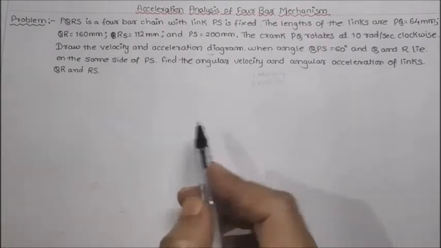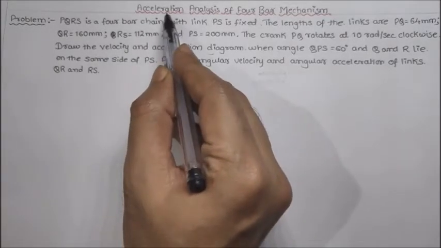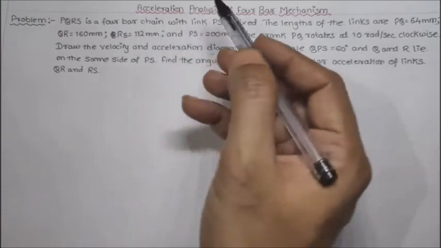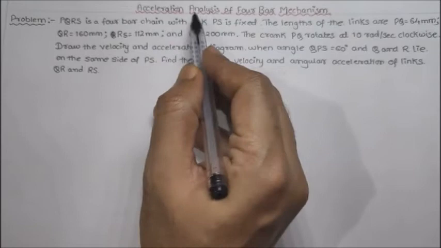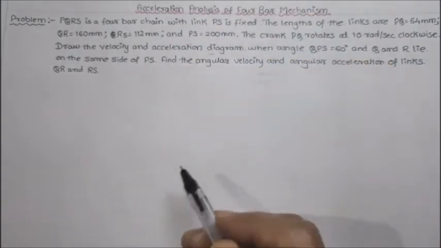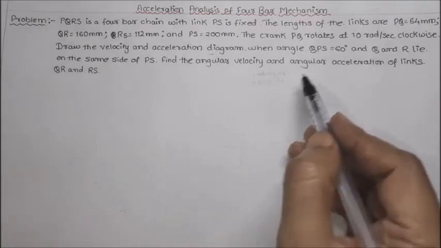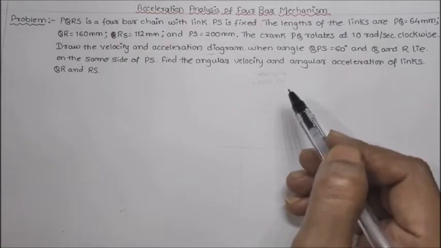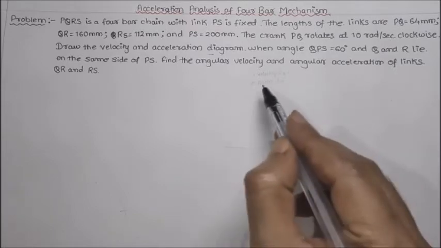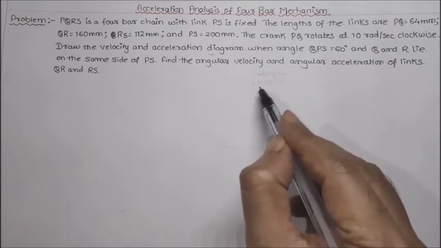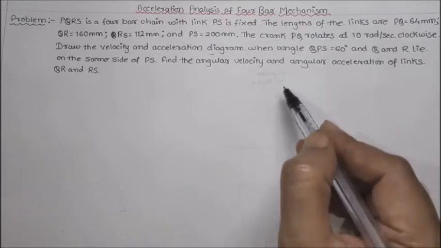Let's start our session for analysis of acceleration of four-bar mechanism. Here, for finding the angular accelerations of a given four-bar link, we need to find out their accelerations at those particular points.